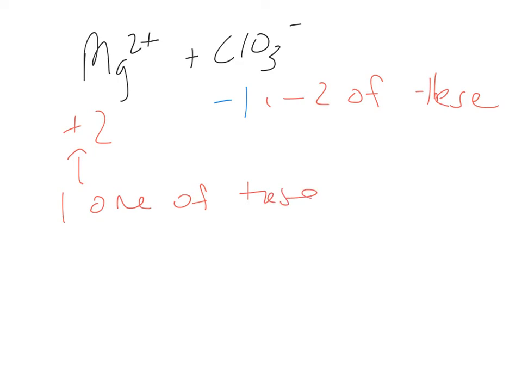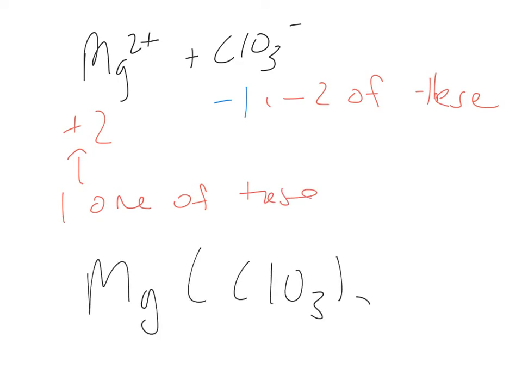In other words, I need Mg(ClO3)2. The reason why I put these in parentheses is I don't just need two oxygens or two chlorines. I need two of this whole ion. If I don't have this whole ion, I don't get the minus charge. That charge applies to everything. So just like in math, when I need you to do something to more than one variable at a time, I need parentheses to show that I'm doing that.